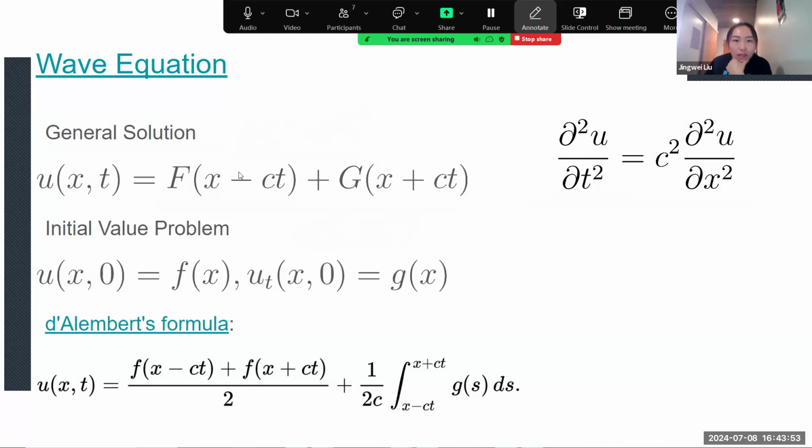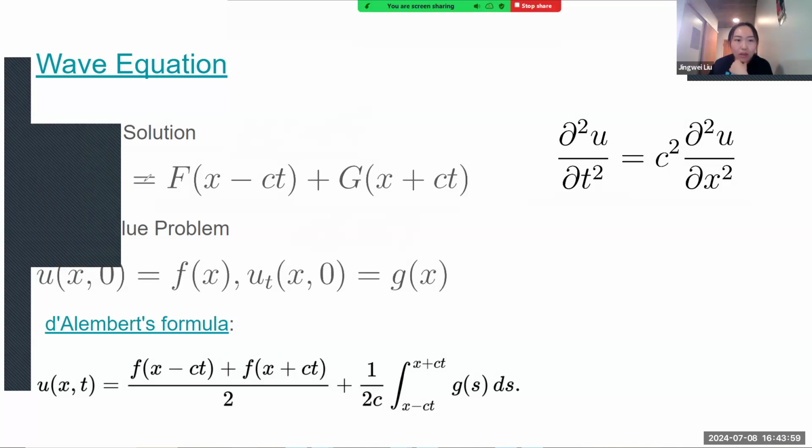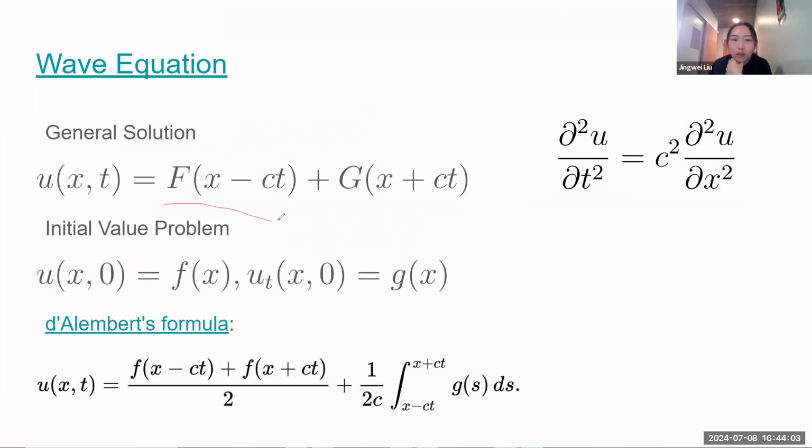This is quite interesting because you can see our wave equation is decomposed into two different expressions, right? So this describes a sound wave propagating to the right. This is describing a sound wave propagating to the left.